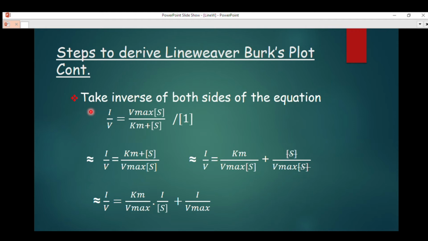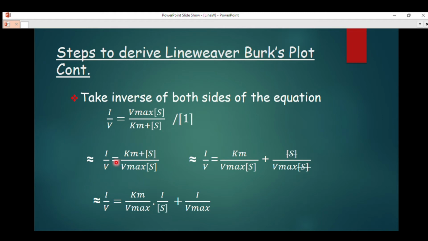After stating the Michaelis-Menten equation, what you have to do next is to take the inverse of both sides of the equation. We had V over here, so it's going to be 1 over V. We had Vmax times S divided by Km plus S, the whole equation divided by 1.